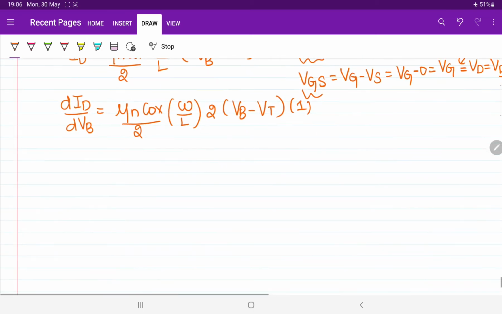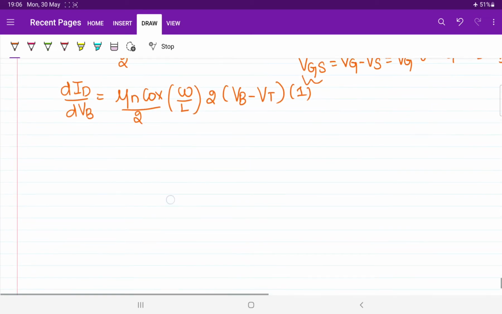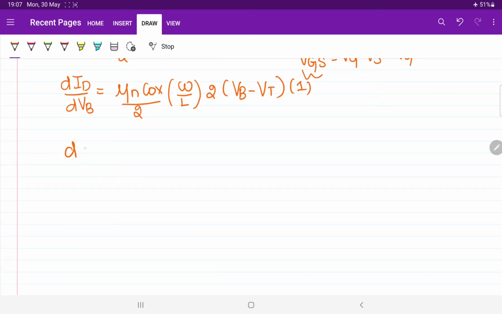But here I have to know the relation between dV by dID. So for that, I am going to take the reciprocal of this expression, such that this will become dVB by dID equal to, what will happen if I take the reciprocal? This 2 will get cancelled out, and this L will become the numerator.